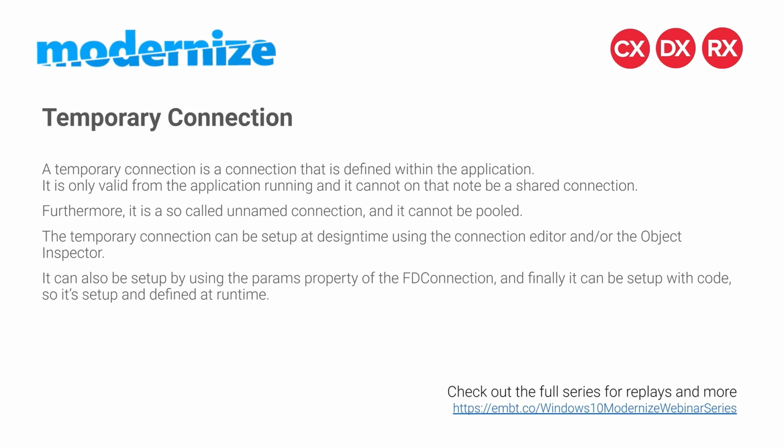Now, pooling could be a significant thing that you want to look at if you're making any applications that are threaded, because if you have a threaded model accessing any database, you will need to have a connection per thread.